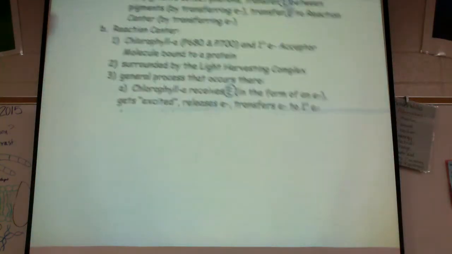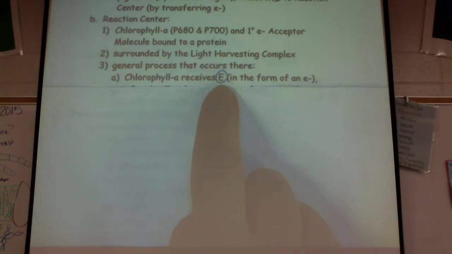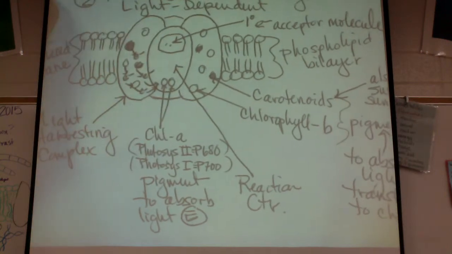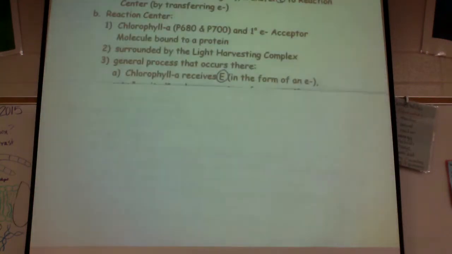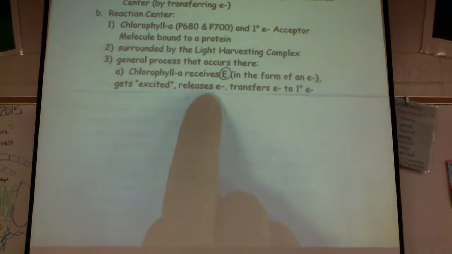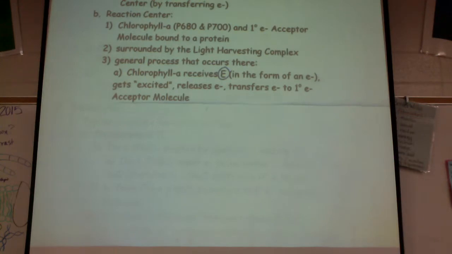All right, so then what happens is that chlorophyll A receives energy in the form of excitement from these electrons here, and light itself is going to get chlorophyll A excited. It then gets excited and releases its own electrons and transfers that electron to the primary electron acceptor molecule.